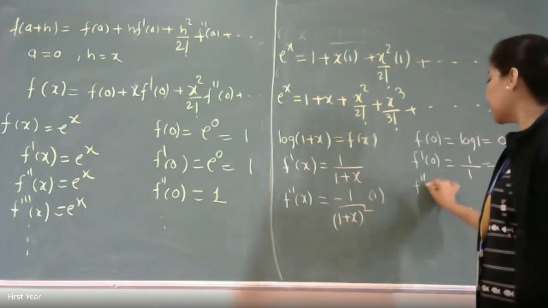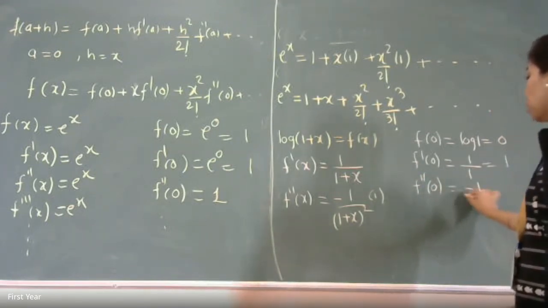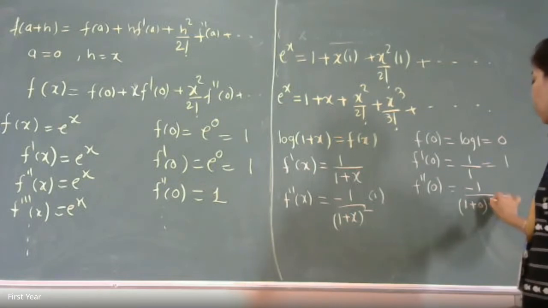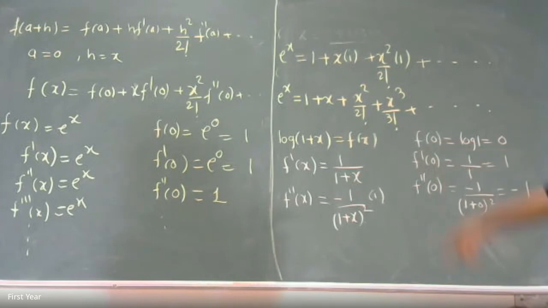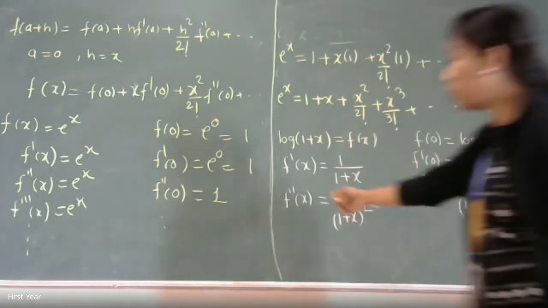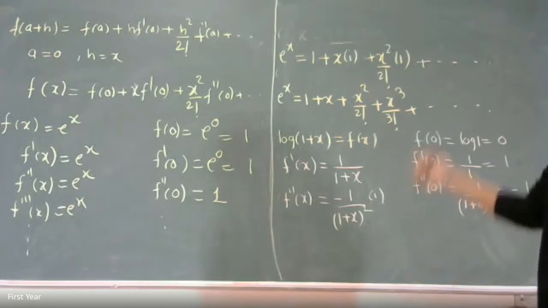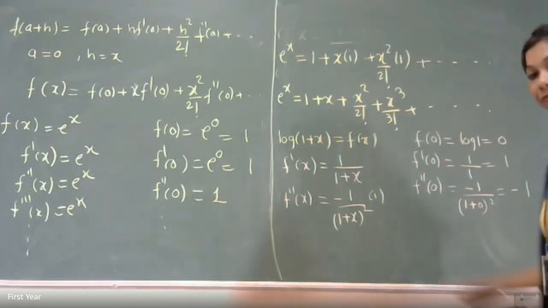Then f double dash of 0 is minus 1 upon 1 plus 0 the whole square, which is minus 1. Okay, please find one more derivative because there's something different in this example. It's not just plus 1 or minus 1. It will be some other values also. So find f triple dash as well as the fourth derivative.